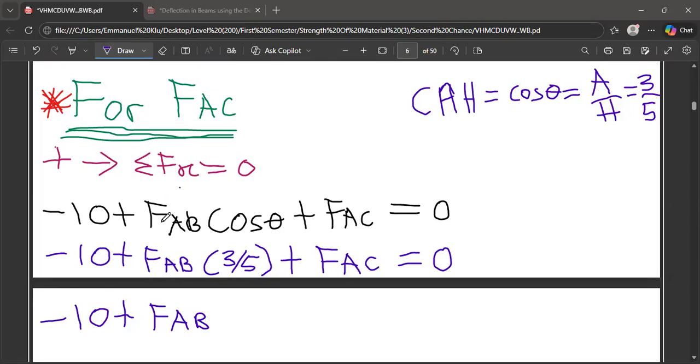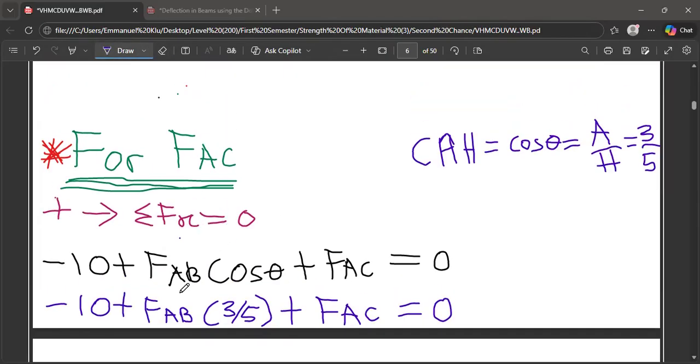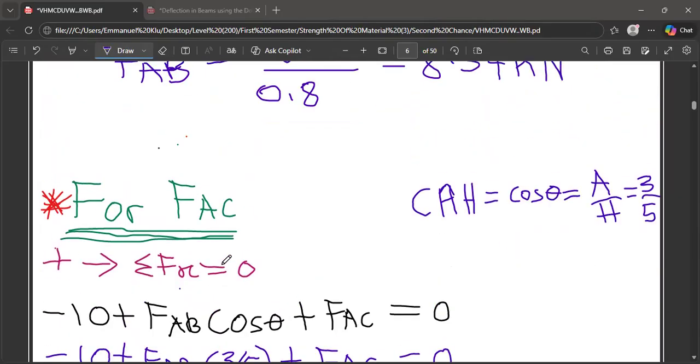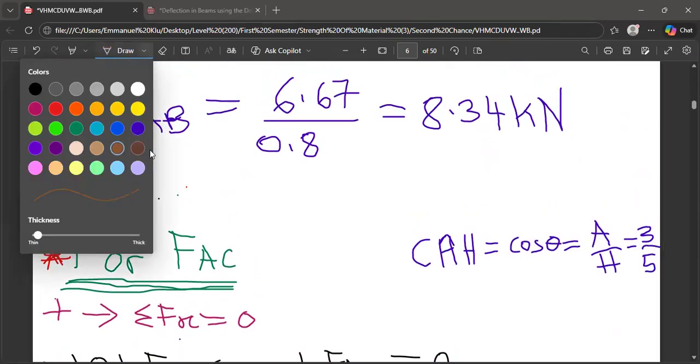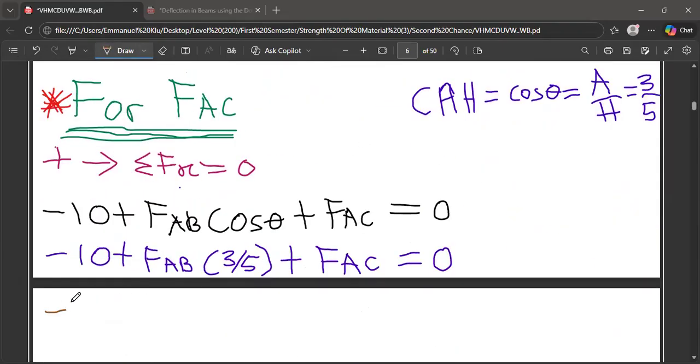But before that, I want to draw your attention to something. You already know the value for FAB, right? FAB was 8.34. So if FAB is 8.34, why don't you just simplify it straightforward? This is negative 10.